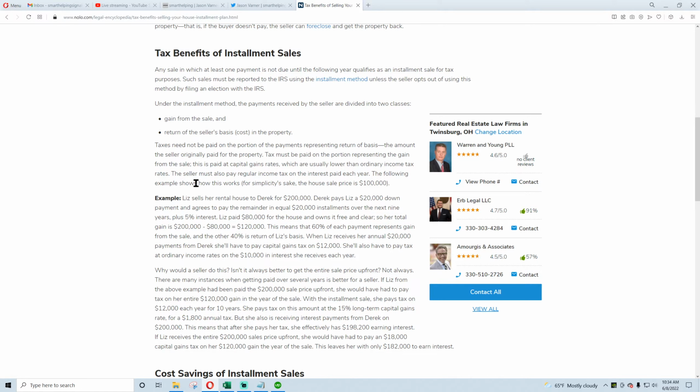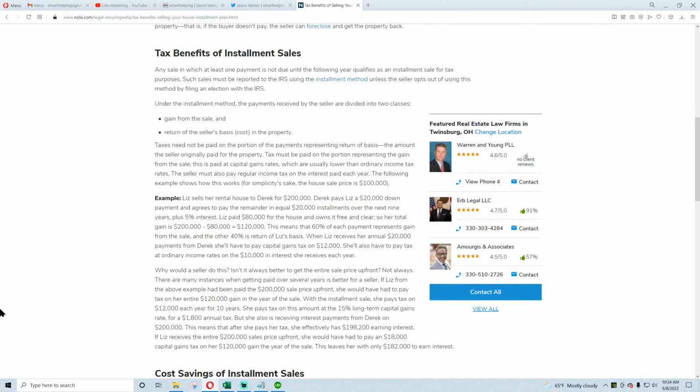The seller, so this is if you sell it all in 1 year, like if you sell your house and you have a gain, I believe that gain is taxed at the nominal tax rate or ordinary income tax. But if you sell it and collect it over multiple years, it's capital gains, maybe.